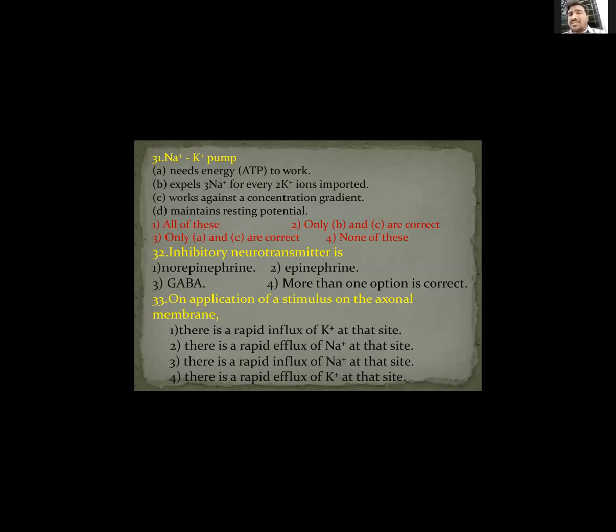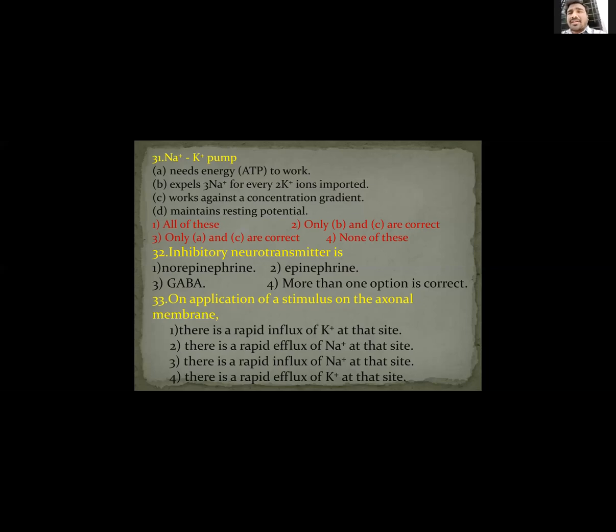The movement of substances from lower concentration to higher concentration, against the concentration gradient, with utilization of energy is called active transport. So the best known example of active transport is the sodium potassium pump. Yes, it needs energy, because to pump the ions from lower concentration to higher concentration, energy is required.